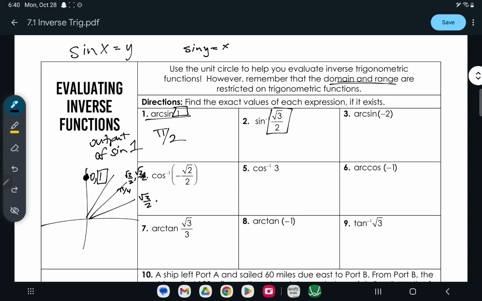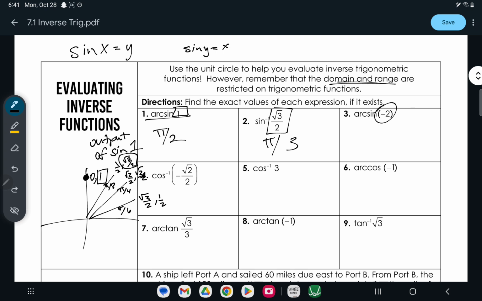That's root 3 over 2, 1/2. And this is 1/2, root 3 over 2. So this is pi over 6, pi over 3. So when the y is square root of 3 over 2, the input is pi over 3.